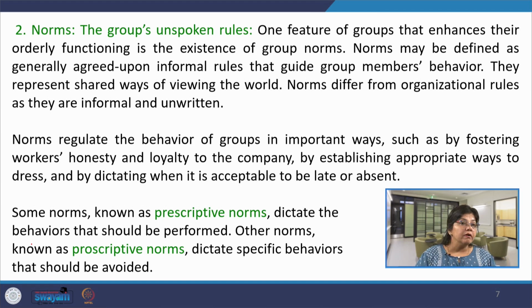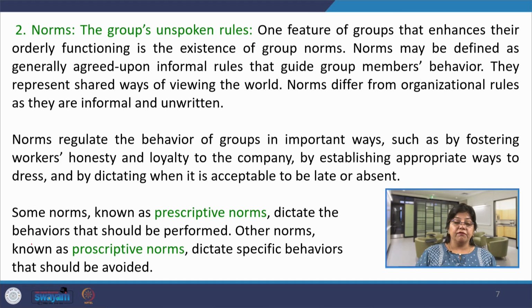For example, an unwritten rule can be that we should maintain the secrecy of the organization, or that we should maintain timeliness in the organization. It is not that any employee would be trained on how to reach the office on time. It is understood in an unspoken and unwritten manner that we are expected to reach the office on time.